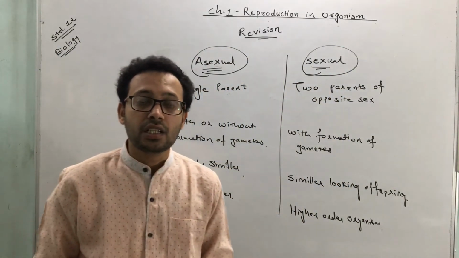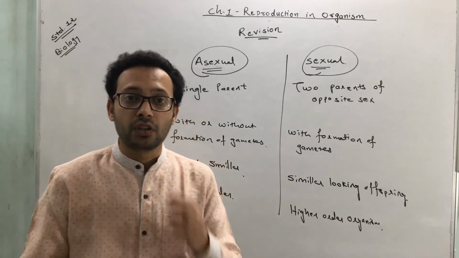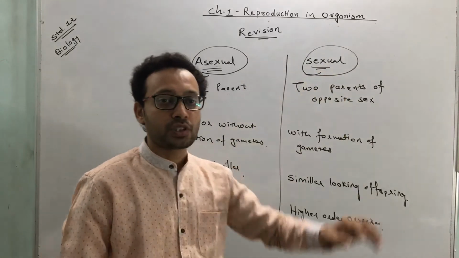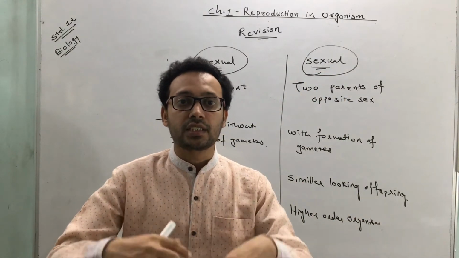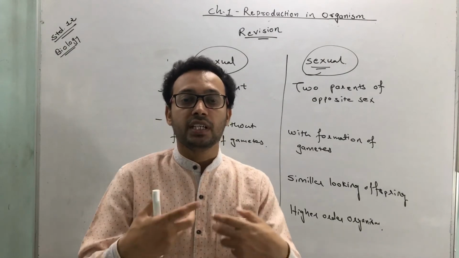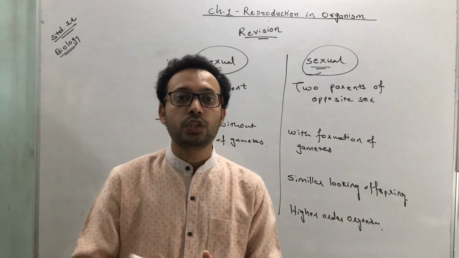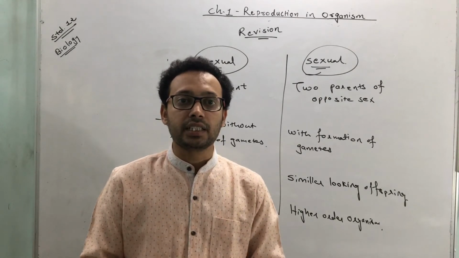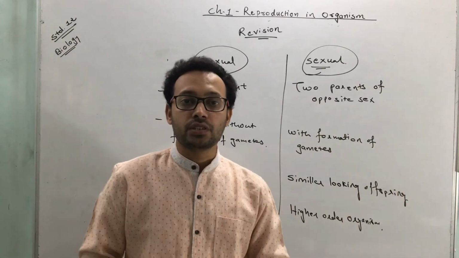The answer is that the sexual mode of reproduction is a better one, because it involves the fusion of two gametes. That leads to a possibility of generation of genetic recombinants, or a new characteristic might develop. This characteristic is superior to previous generations.